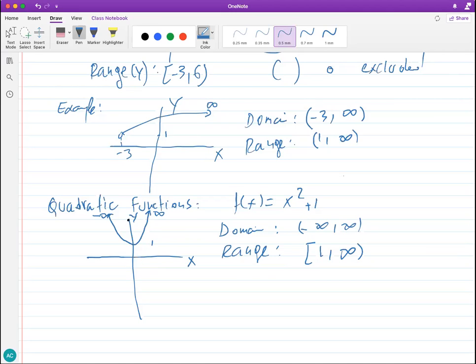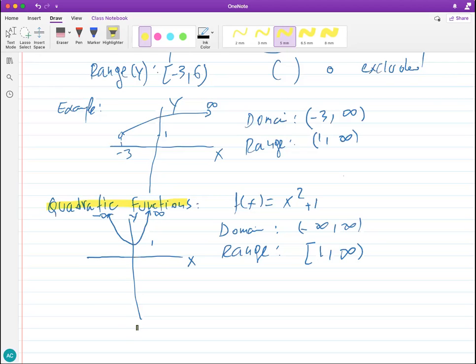So the question will say, write the domain and range in interval notation. Okay, so this is what we call interval notation. You just need the lowest and the highest. You don't have to list all the numbers, we'd have to take 2 minutes to list. You just write the lowest and the highest. So for quadratic functions, the graph always looks like this.